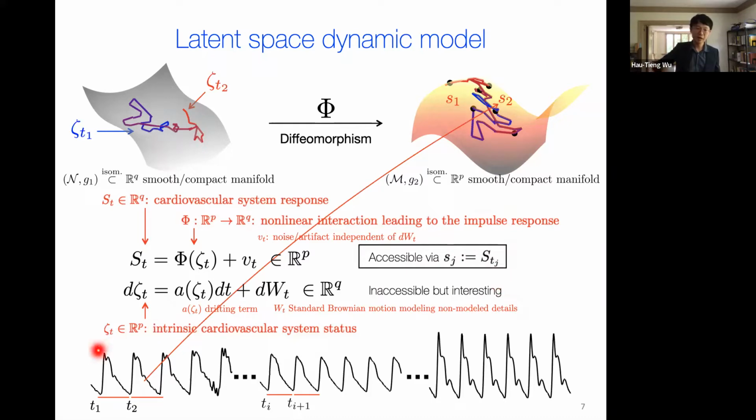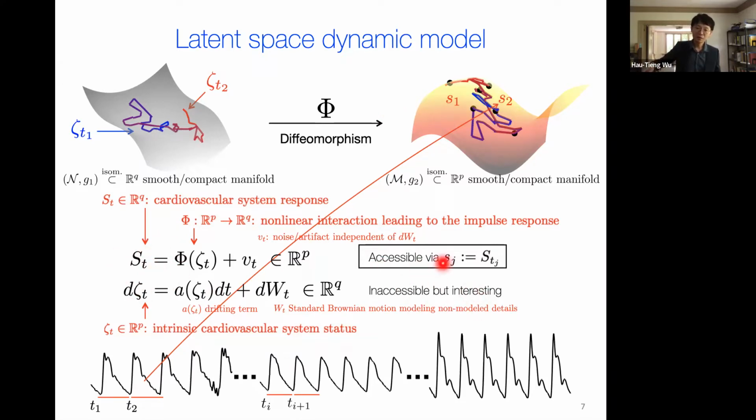That is, as I mentioned, at time T1 you have the heart pumping, you generate an impulse and a response. At T2, you generate another impulse and another response, and you repeat. What you can do is not really access or write down S_t.